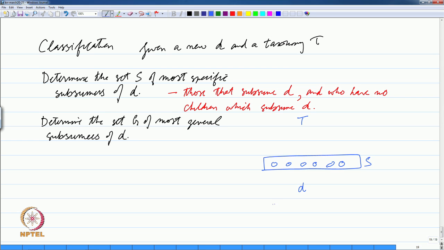So, let us say this is a set which obviously will be below the node D essentially. It is possible that the two sets are not disjoint. It is possible that they have an element which is subsumed by D as well as which subsumes G essentially. What would that mean?